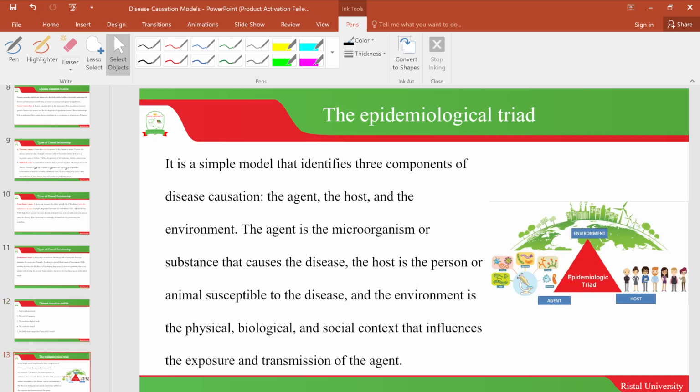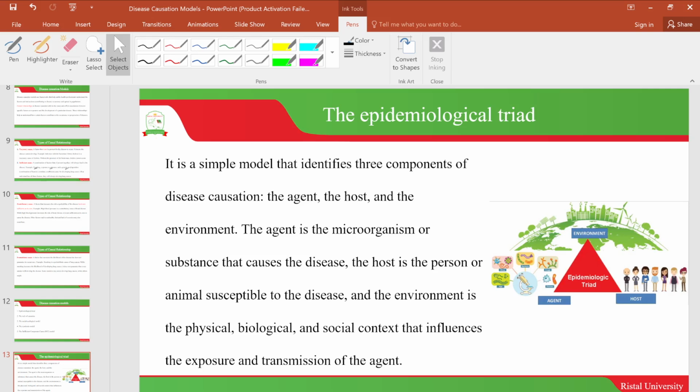This is very common. It is often something that we look at very fast when we are talking about epidemiology. It's the acknowledgement that we have the agent, we have the environment, and the host interplaying. We have these factors interacting to cause a particular condition.